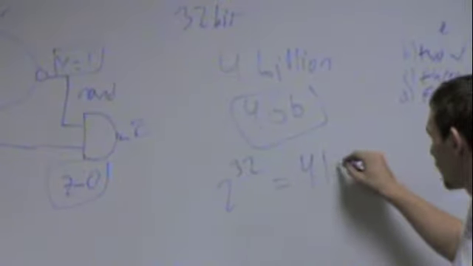And how did you get that? You went 2 to the 32, right? Yes. Equals 4 billion. 4 gigs.